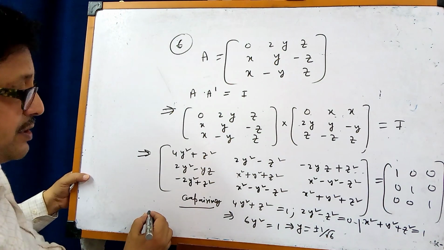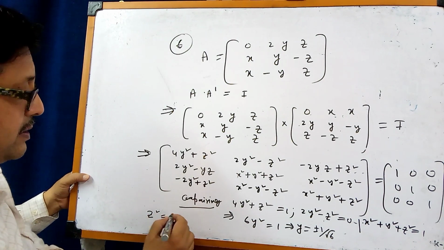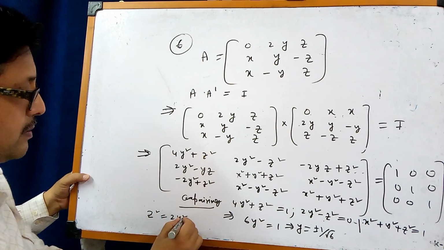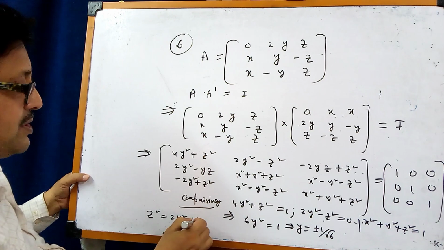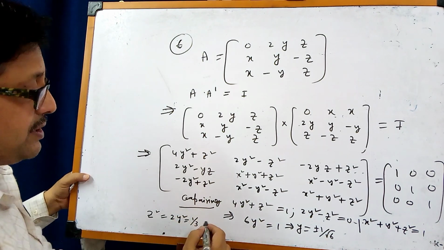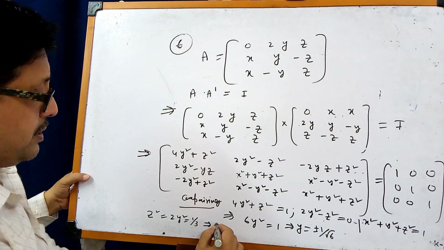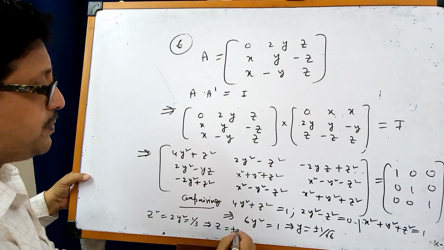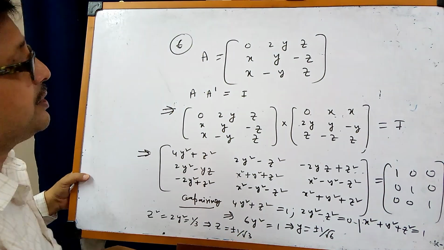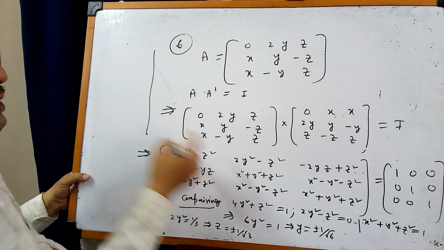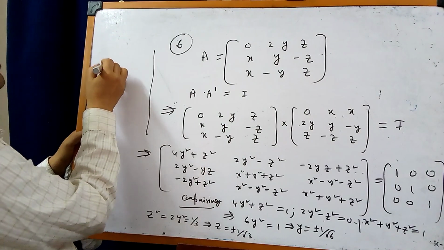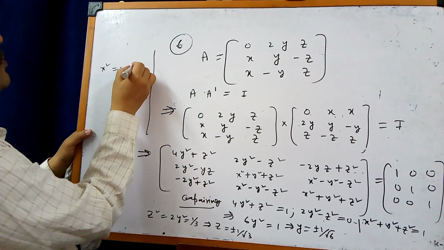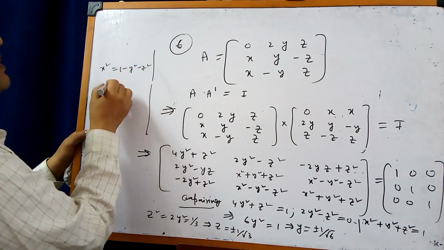Now z square is 2y square, that is 1/3. Can you see the board? This implies z equal to plus minus 1 by root 3. Now x square equal to 1 minus y square minus z square.